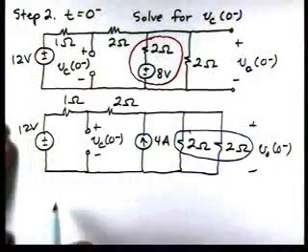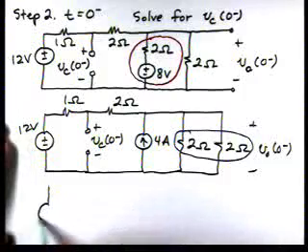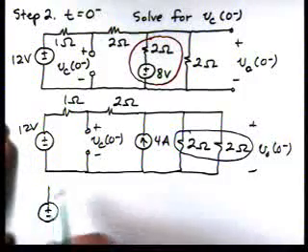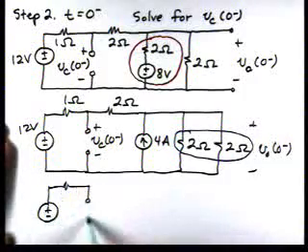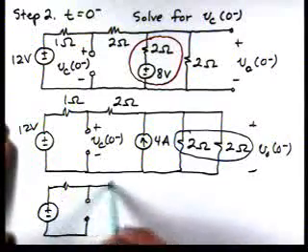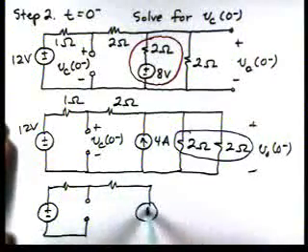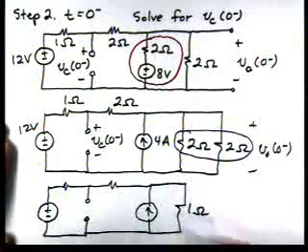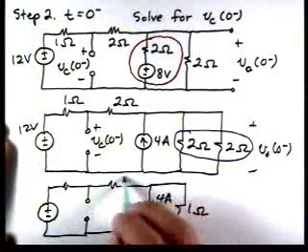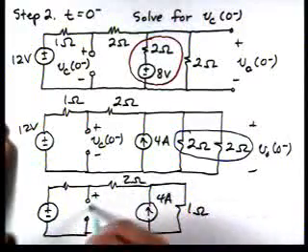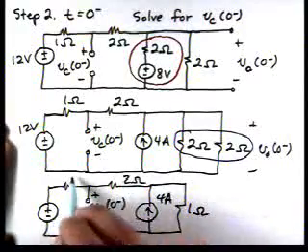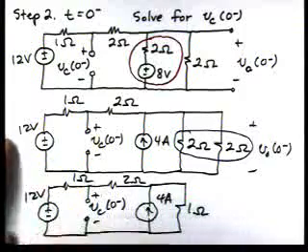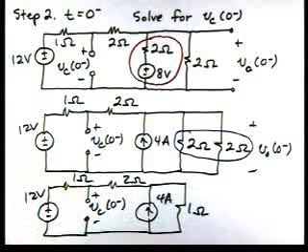But if we go through and do that combination, now we have a 1-ohm resistor for those two in parallel. Okay, so there's our circuit.